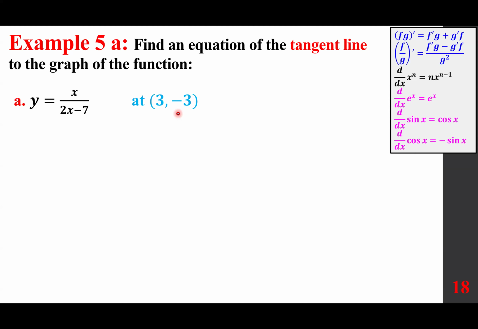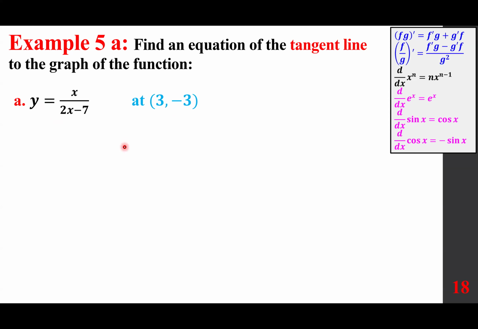In order to find the equation of any line, we need two things. We need a pair x comma y, which is given. We also need the slope that is missing. How do you find the slope? You differentiate and then you plug in x to find the slope.